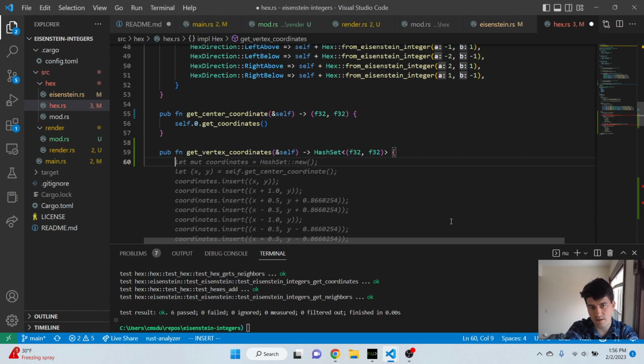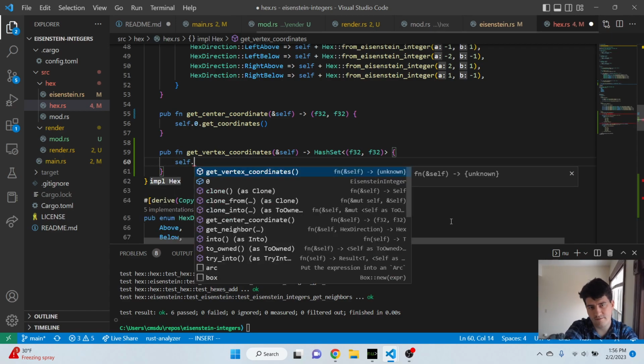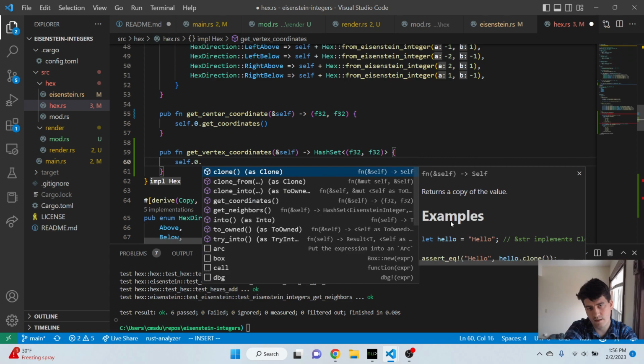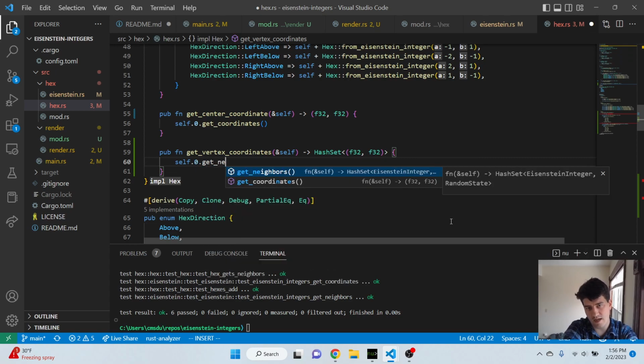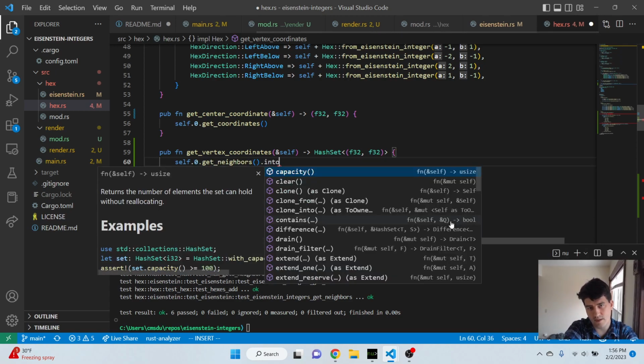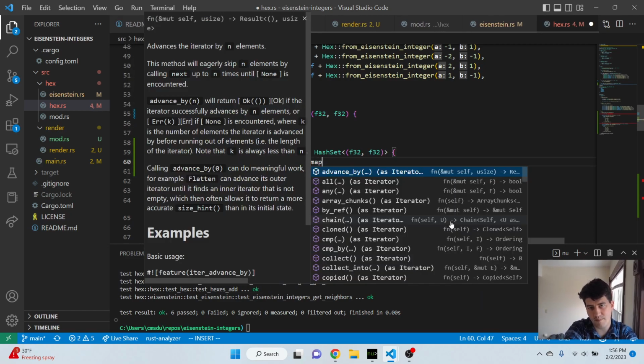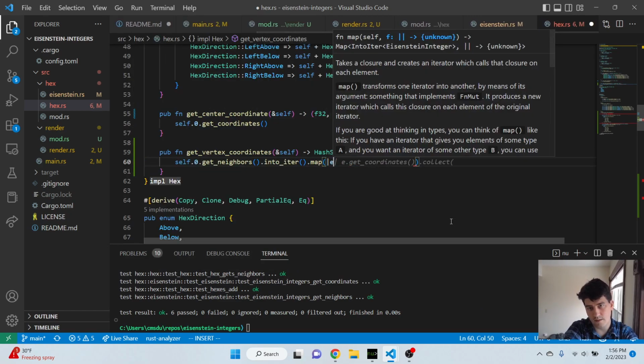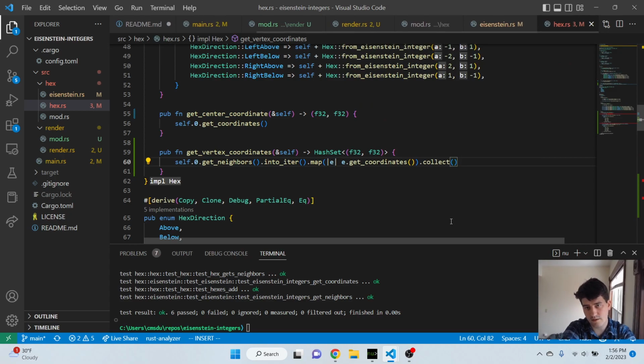It's definitely not doing whatever this is. It's going to be the Eisenstein center. So it's going to be self.0 dot get neighbors dot into iter dot map get coordinates collect.